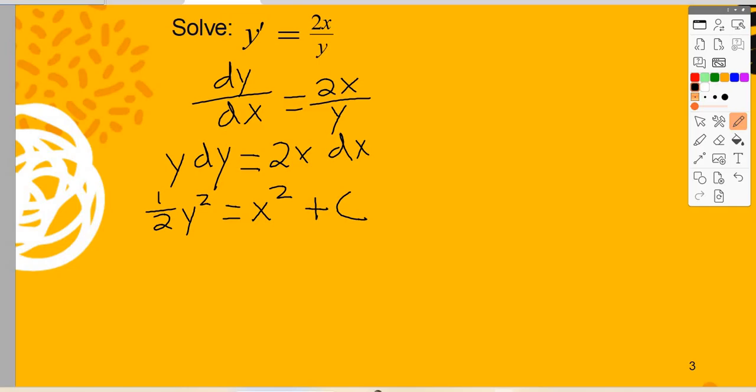Okay. Now, from here, most of the time we actually wouldn't solve for y, because in order to solve for y, I would have to take a square root. And notice I can't separate that out because of the addition. Also, in order to take the square root, I would have to add a plus or minus in the front. And the plus or minus would have to stay this time because I don't have a c that's taking care of that, okay?